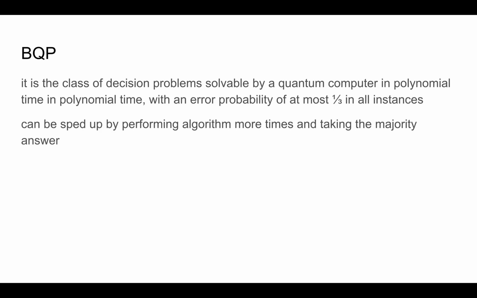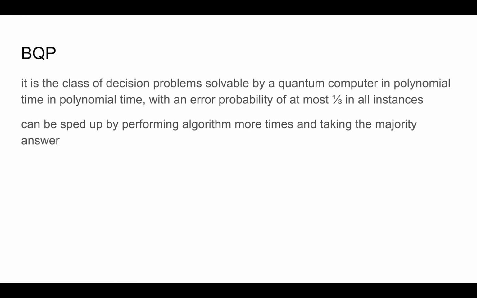Whereas if the problem is not in the language, then it should wrongfully accept it at most 1/3 of the time, and it should reject it at least 2/3 of the time.